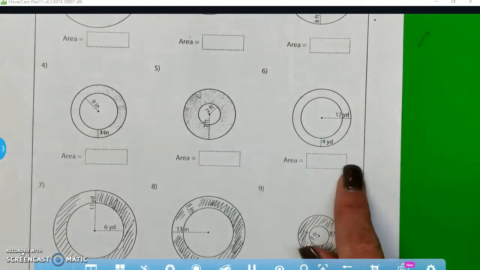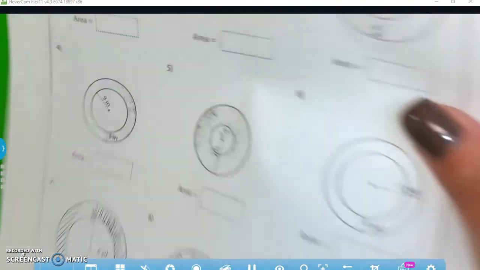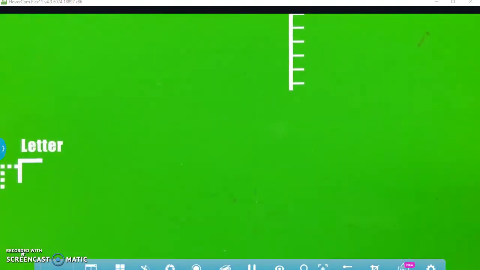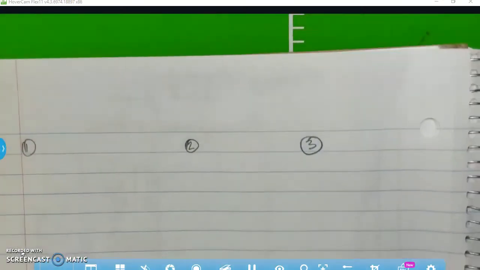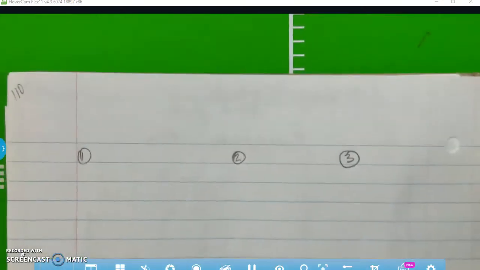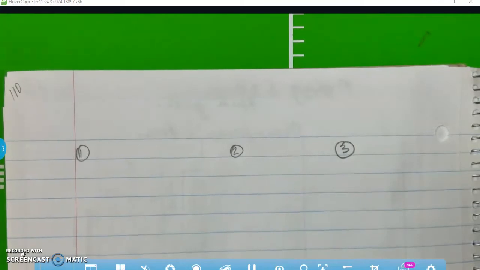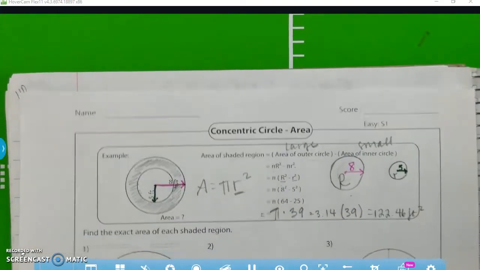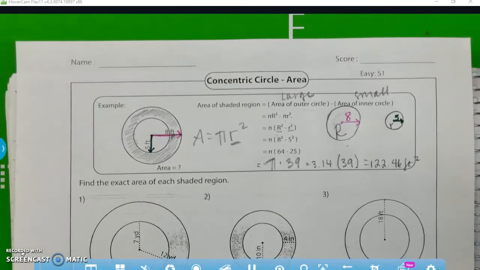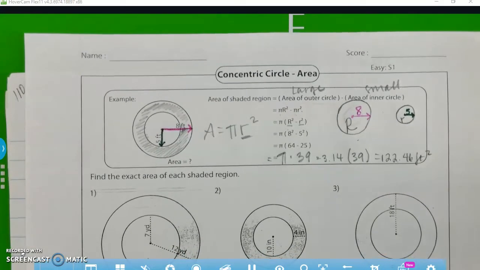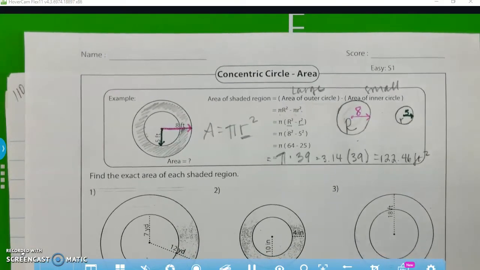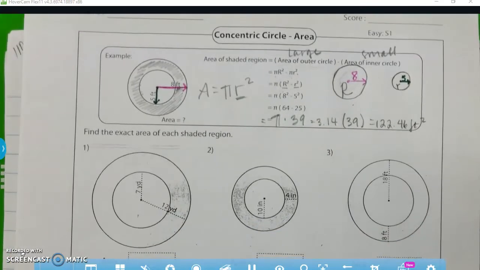Question 3, what is the answer for question 6? And so on. I'm going to do my work in my spiral on page 110. This is where your notes are going to be. I just wanted to show you how I'm going to organize my values and my work and make sure that it's all very nicely done.